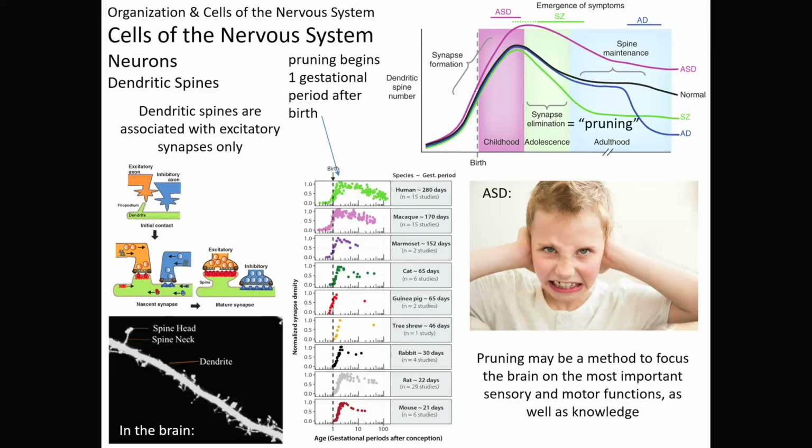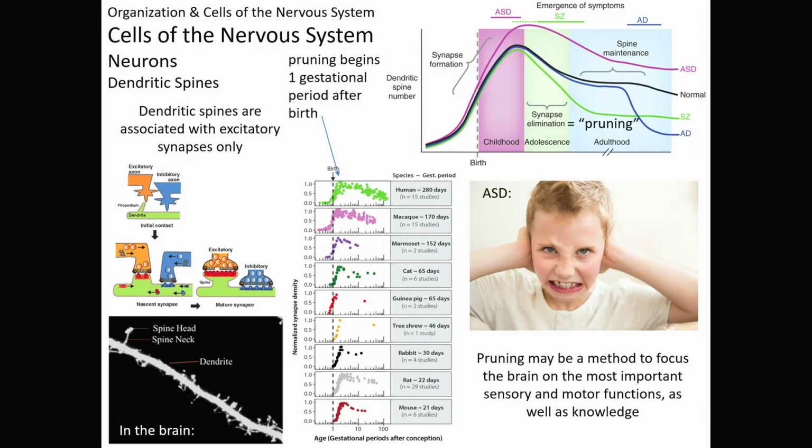And presumably that's going to be based on, well, what is the environment that this brain is developing in, right? What kind of sensory information, what kind of knowledge is being passed to it? Is it having to use it on a daily basis? You're going to prune based on that input. And so the thinking here is that this pruning process is a normal process, for sure.